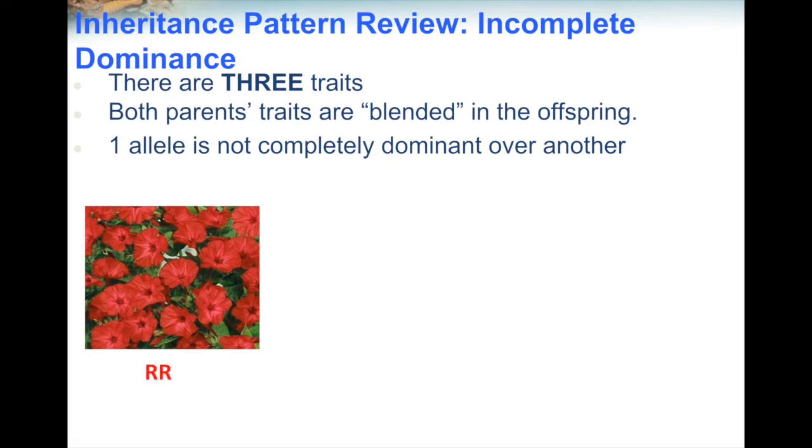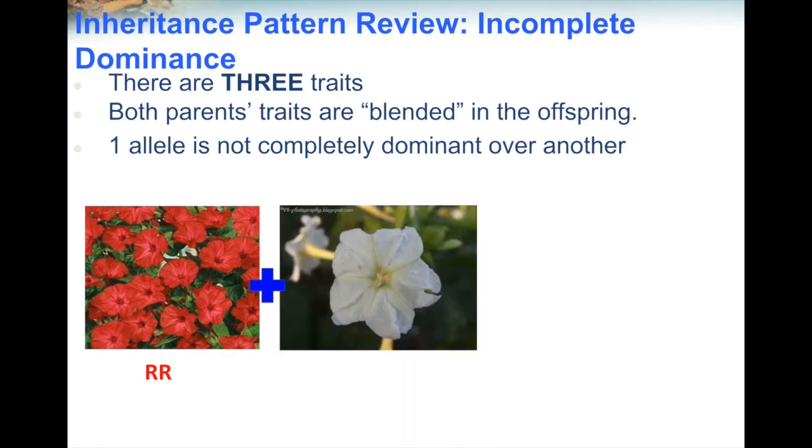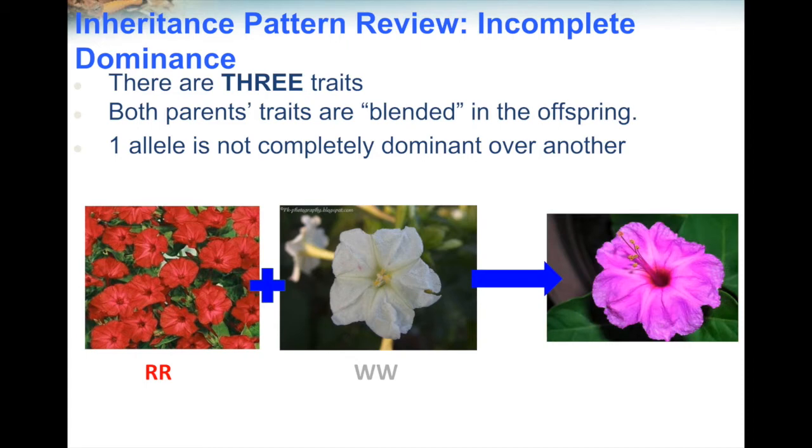So in red flowers, let's say we're going to use R, two capital R's to represent the genotype. Let's say it will reproduce with a white flower. We're going to use a different letter, but we're going to capitalize it. We're going to use W's. Now, when those two parents reproduce, they'll make offspring, and it's going to be pink. It's going to be a mix of the red and the white flowers.